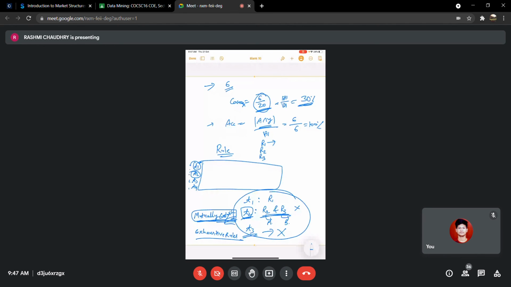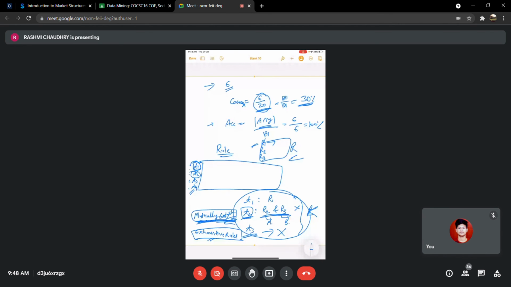The other is exhaustive. Exhaustive means there will be a rule for each and every combination of attribute values. This property ensures that each record, T2, T3, T4, will be covered by at least one rule in your set R. So these two: mutually exclusive says that one record should trigger only one rule.